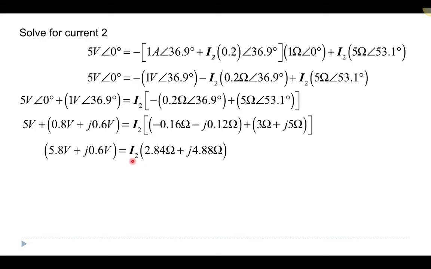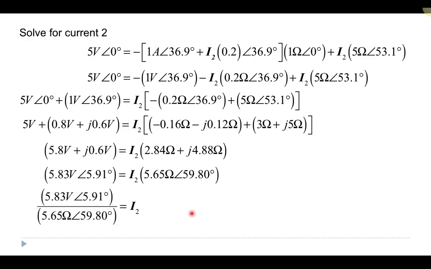I still want to solve for I2, so in order to solve I have to divide, so I need to convert everything back into polar form first. So I've converted each complex number on each side into its polar form, and now I can divide.